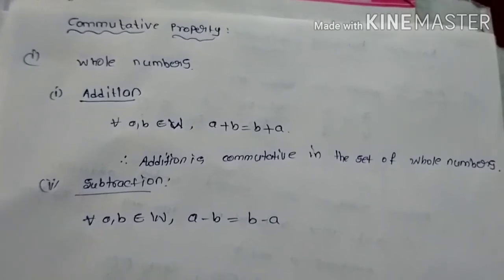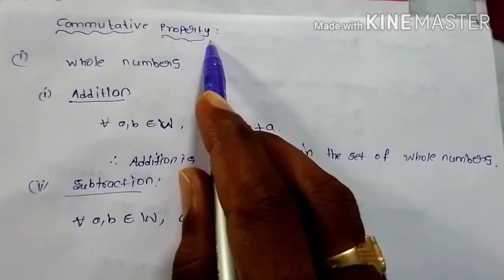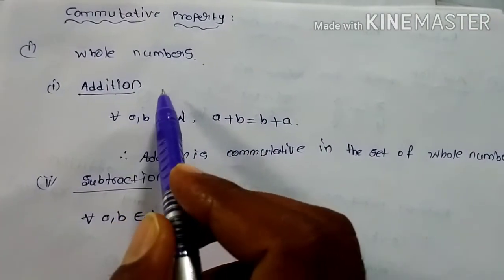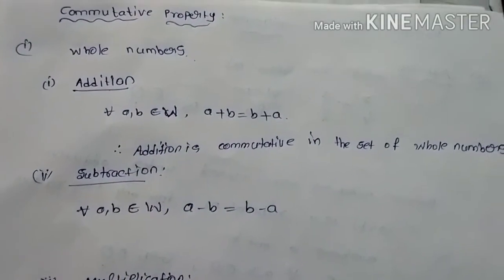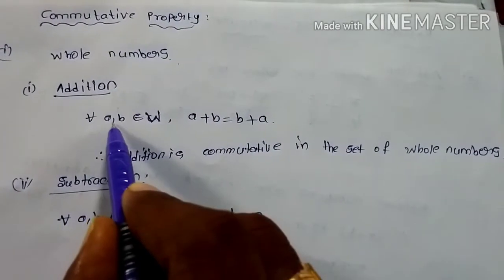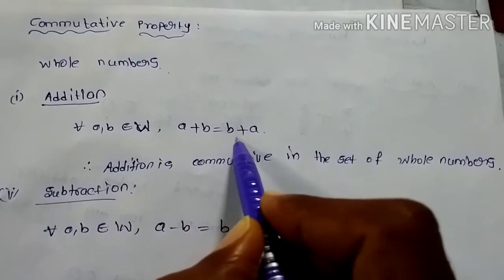Now you can see the commutative property. I am applying the commutative property on whole numbers first of all. Already I told you there are 4 operations: addition, subtraction, multiplication, division. First you can see addition. For all a, b belonging to W, a plus b is equal to b plus a.